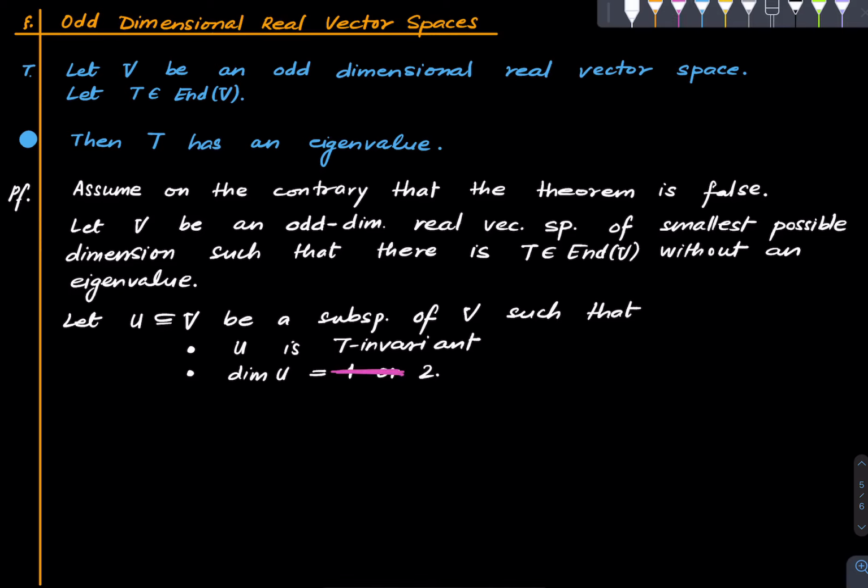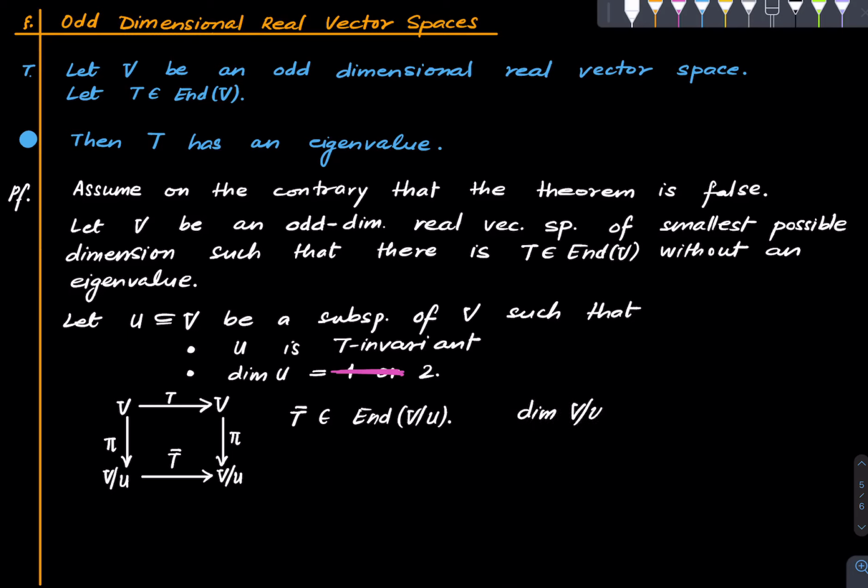And now we have this diagram, which we recalled in the beginning. Right? We have this. So T bar is an endomorphism on V mod U. And what is the dimension of V mod U? Dimension of V mod U is dimension V minus 2, because dimension of U is 2, so this is odd.